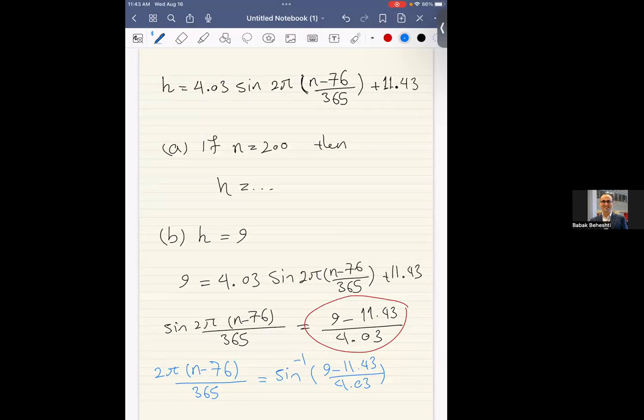So what is sine inverse of this in terms of radians? What did you get, Liana? 38 radians.